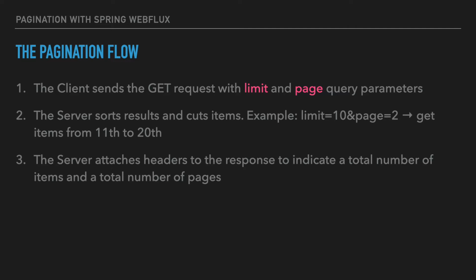The pagination criteria are not actually search criteria, but they are used by the server in order to cut only those results from the search results that you want to return to the user. For example, if we have a limit of 10 and a page number of 2, that means that we get items from 11 to 20. So let's briefly also check how we could calculate these pagination parameters.